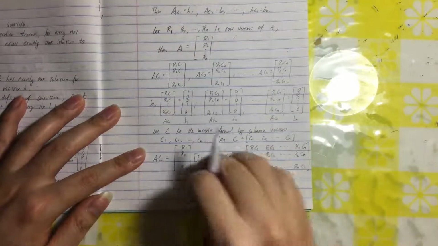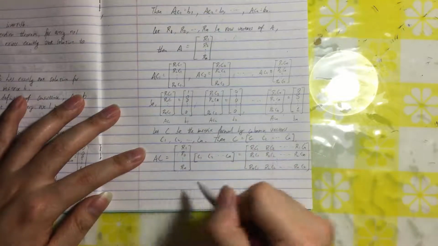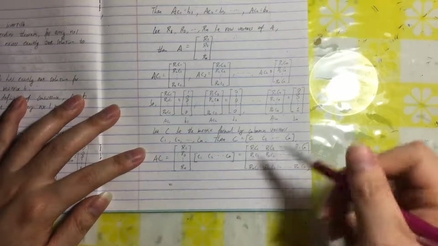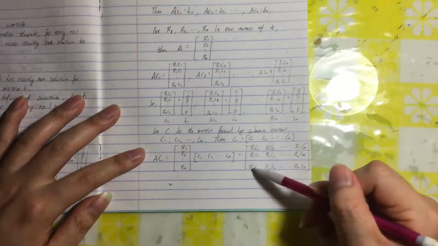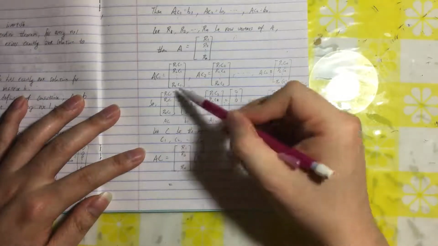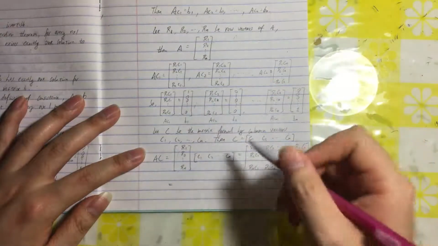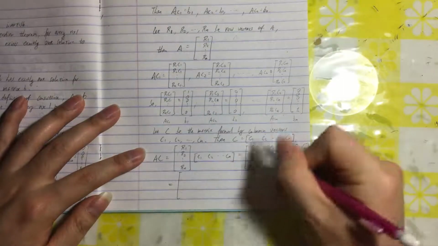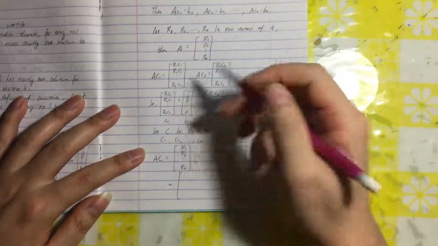Then, what's this matrix? This matrix, first column, R1, C1, R2, C1, Rn, C1, is the column vector 1, 0, 0, 0, 0. This column equals the column 1 with all zeros.